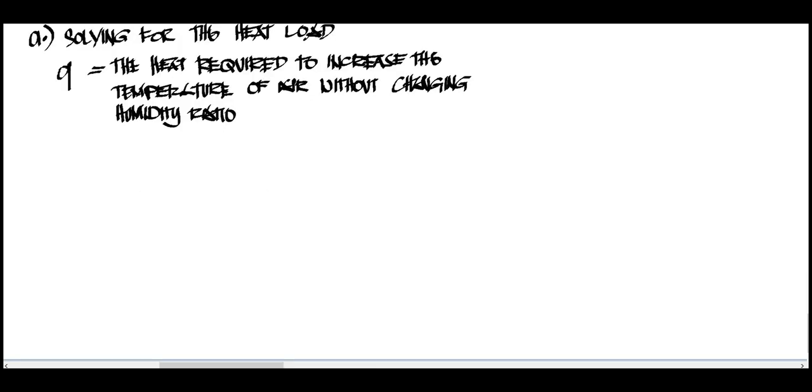Solving for the heat load, that will be your Q. Your Q is equal to the mass flow rate multiplied by the change in enthalpy from point 1 to point 2.